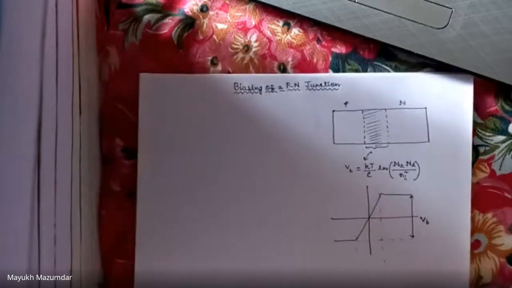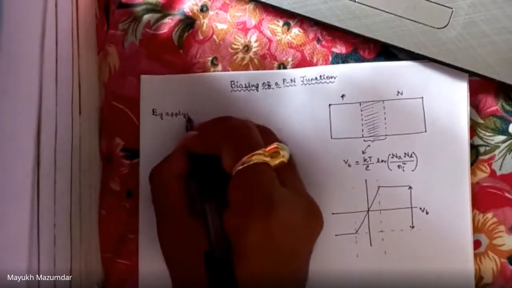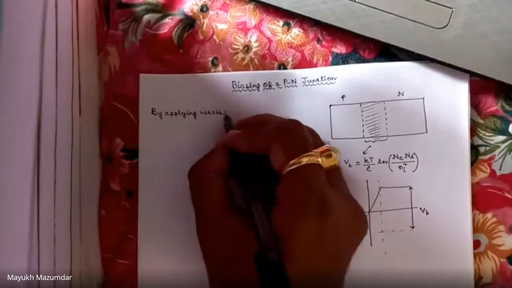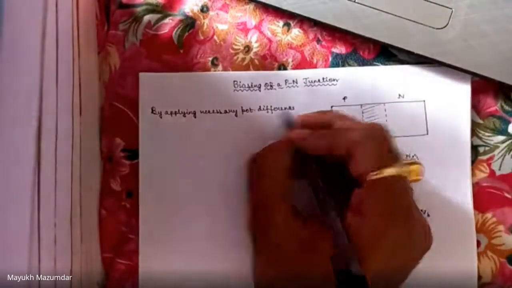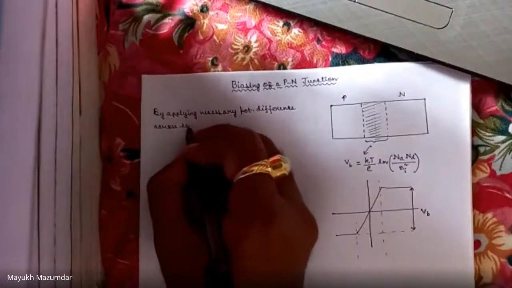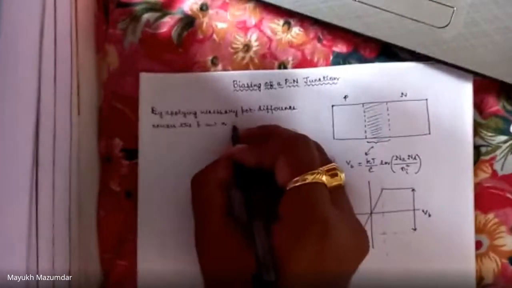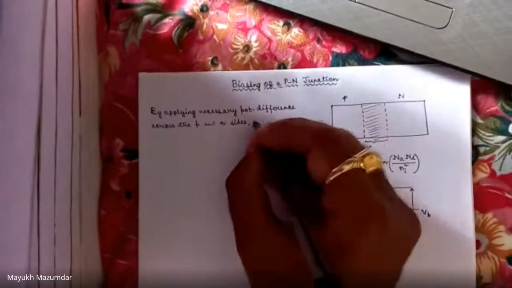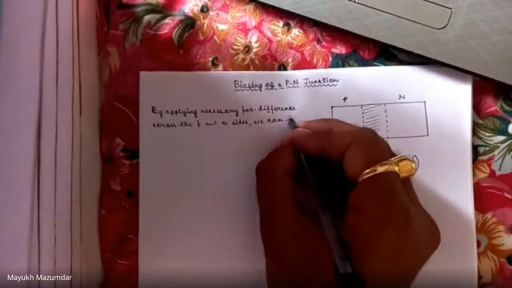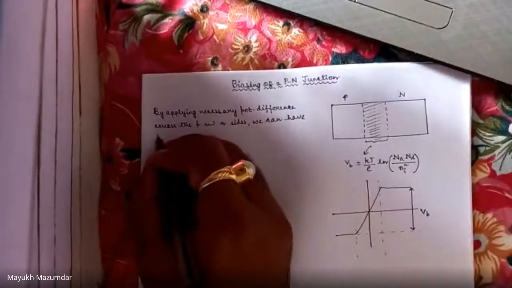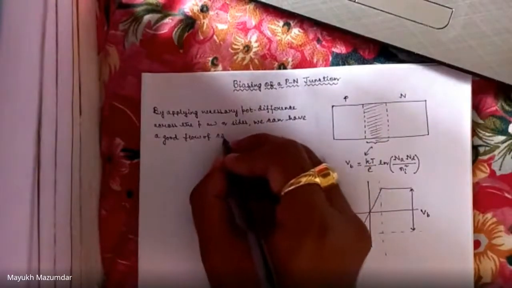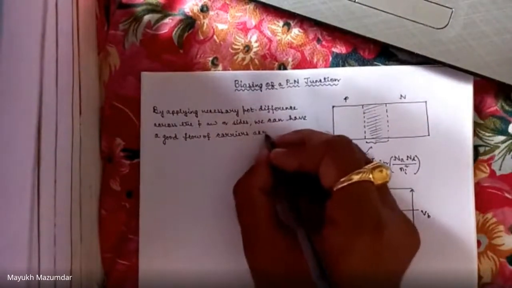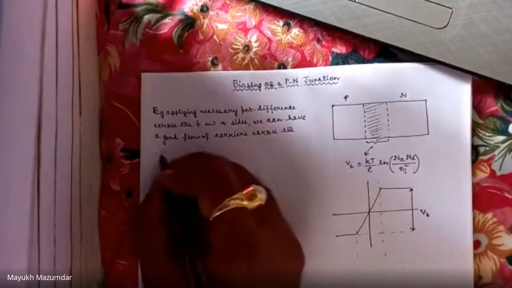What we can do is, by applying the necessary potential difference across the P and N sides, we can have a good flow of carriers across the depletion region.